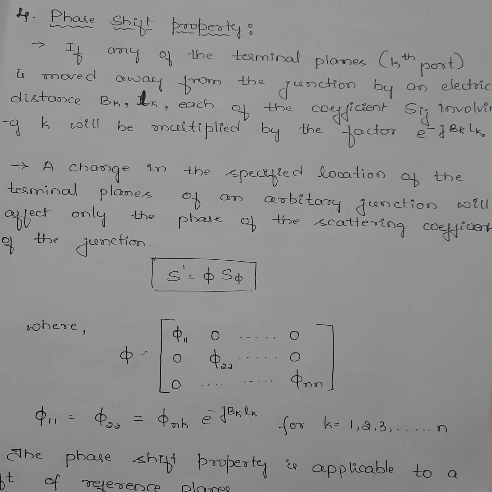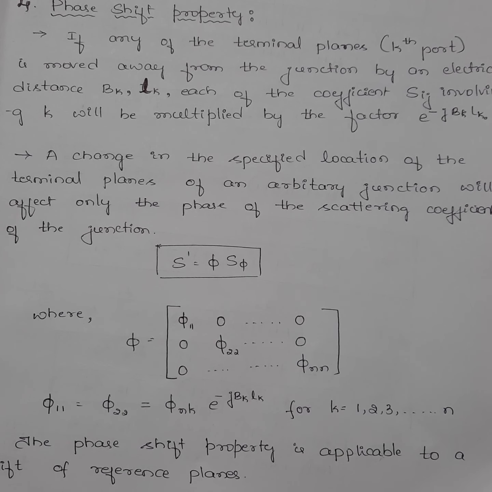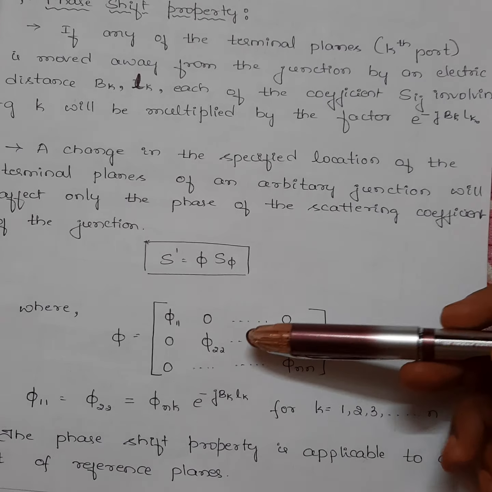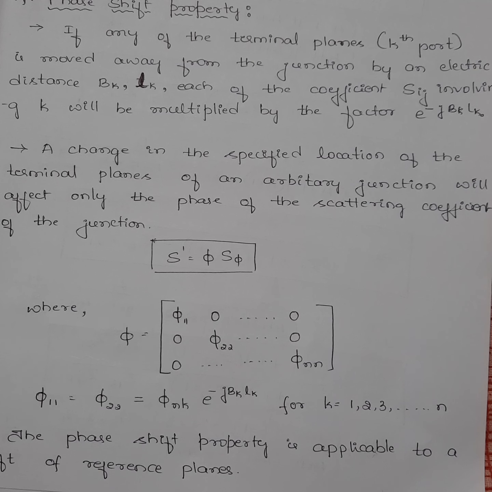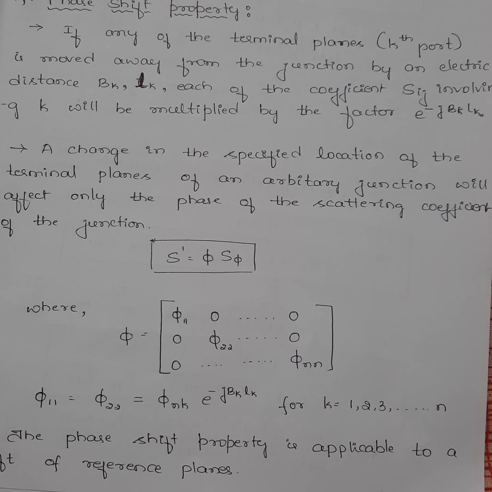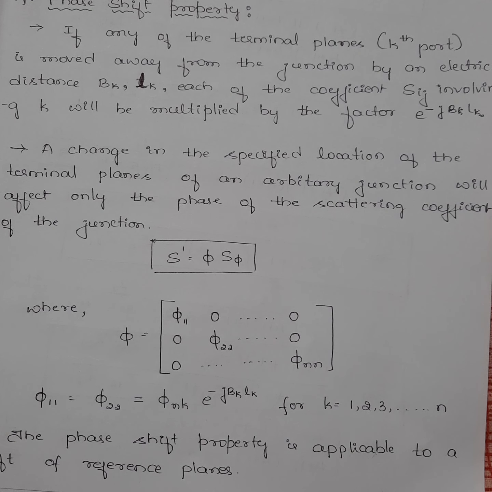The phi will be given in matrix form like this: phi 11, phi 22 up to phi nk, written as phi nk into e to the power of minus j bk lk, where the k values vary from 1 to n.